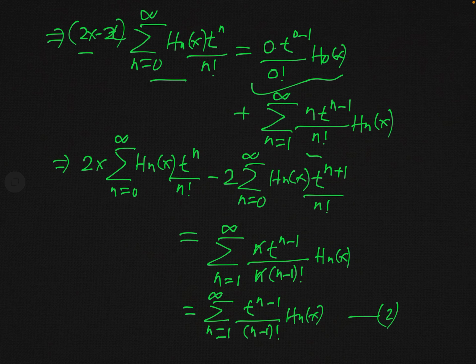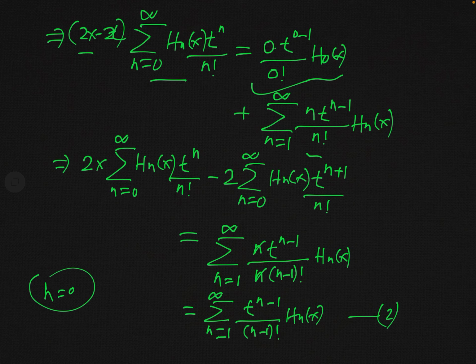Now you can see what will be the coefficient of t raised to the power n in this equation 2 from both sides for n equal to 0. So you can easily see when we take n equal to 0, let us see the result in LHS.